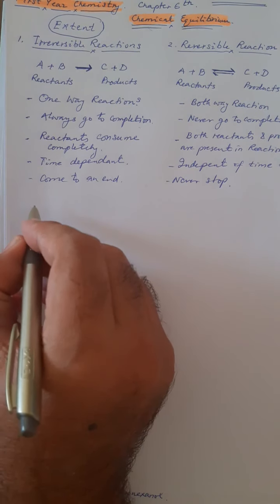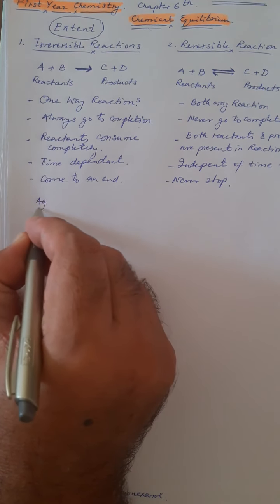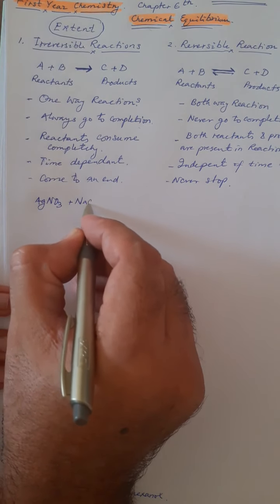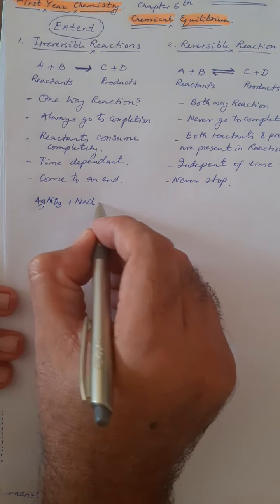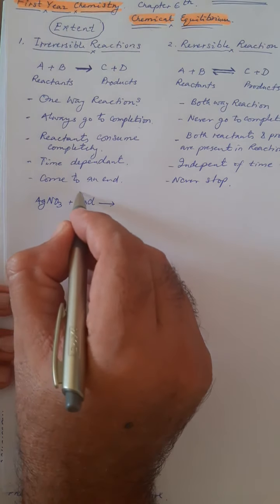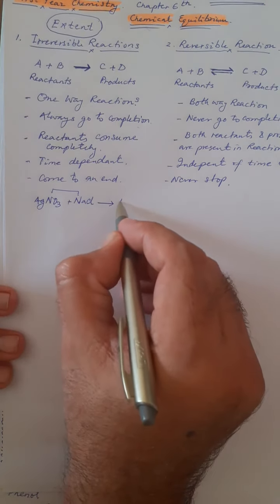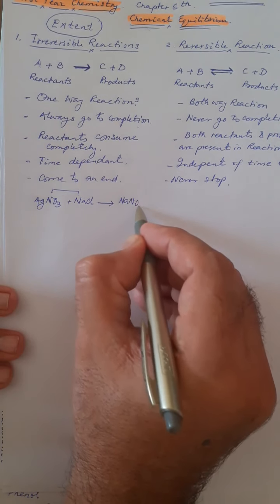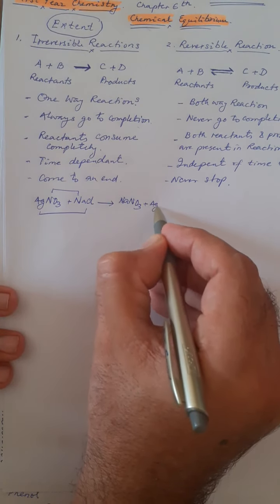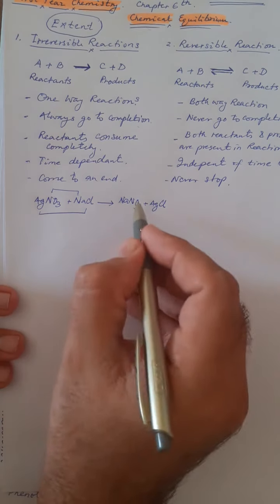If you take silver nitrate, all right, and you mix it with sodium chloride, all right, the reaction will take place, and Na will go to NO3, will form sodium nitrate and AgCl. Now these are the reactants and the products.